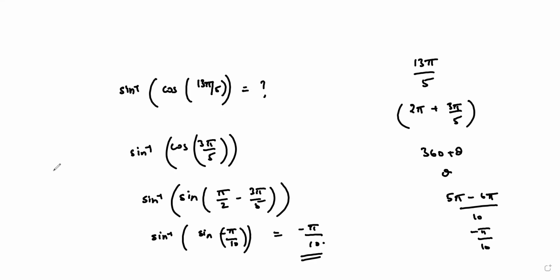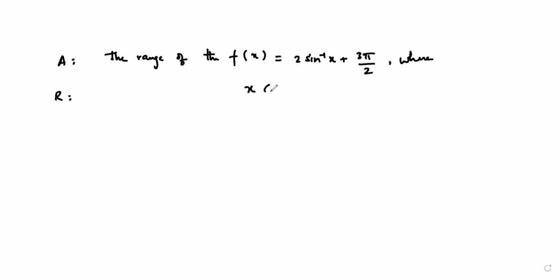Next, moving on to assertion and reasoning type questions. Already you know the options. Yesterday also we have done many questions. So the question is: assertion is that the range of the function f of x equals 2 sin inverse of x plus 3 pi by 2, where x belongs to the closed interval minus 1 comma 1, is the closed interval pi by 2 comma 5 pi by 2.